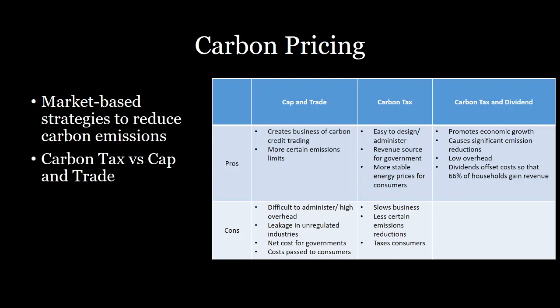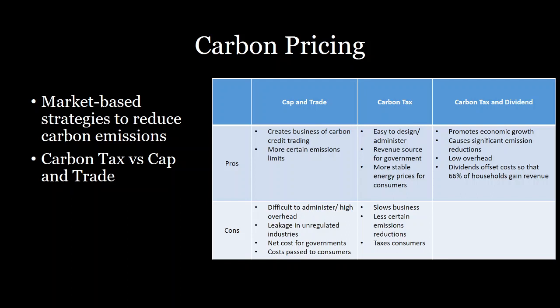And so the benefit of this is that it promotes economic growth. You have a dividend, or money given to the citizens, that they can go spend on different industries. It causes significant emissions reductions and has a pretty low overhead. It's just pretty much an IRS form that needs to be filled out.